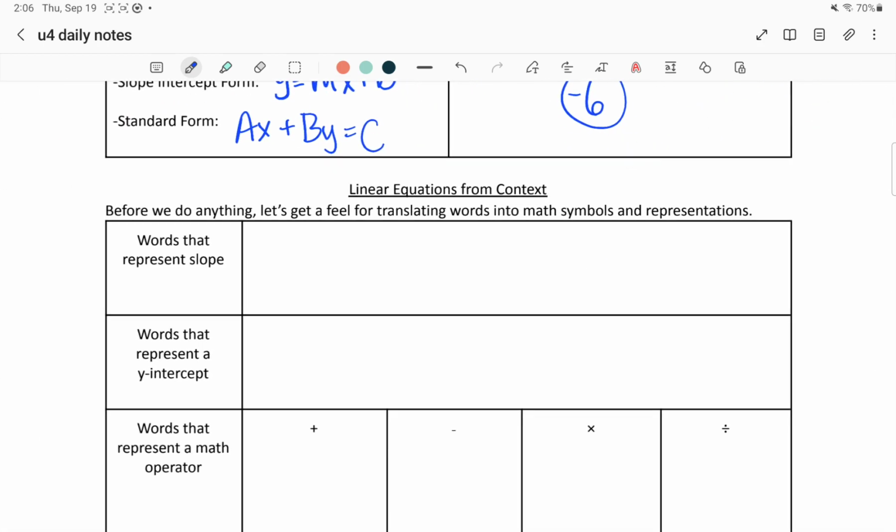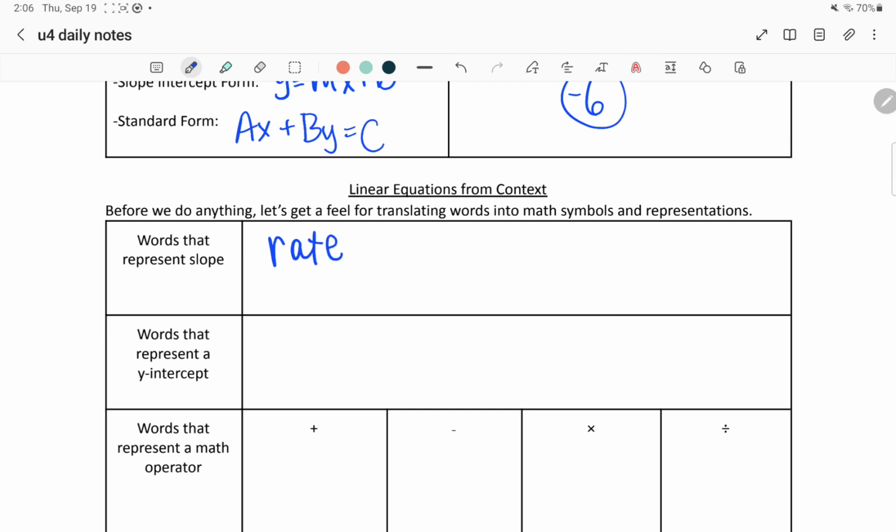Let's talk about words in our homework that we'll see today that represent different parts of our equation. Words that you're going to see that represent slope. There's not a lot of them, which is nice, but they're there. We've already seen one. That one word was rate.